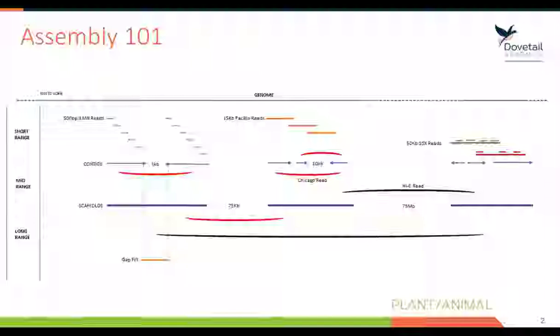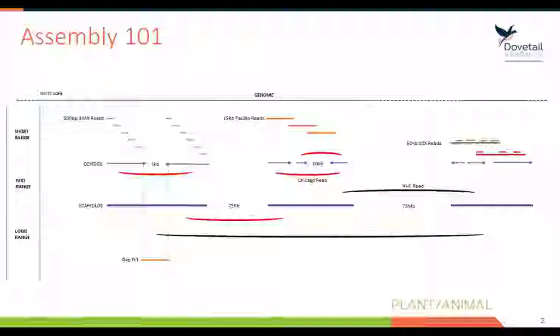And Dovetail Hi-C is a very unique technology in that we can create megabase-sized reads. So we can literally span one telomere to the other and ultimately get you up to chromosome scale assembly.